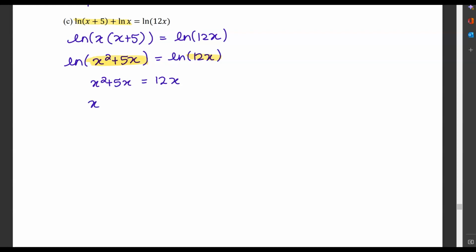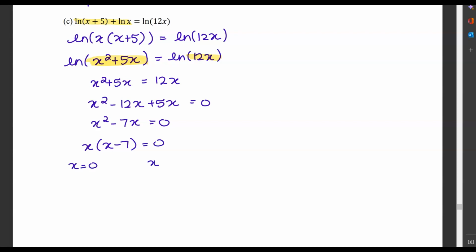I end up with x squared minus 12x plus 5x equals 0. So here we end up with x squared minus 7x equals 0. Let's go ahead and factor this. So I end up with x times x minus 7 equals 0, which means that x equals 0 and x equals positive 7.